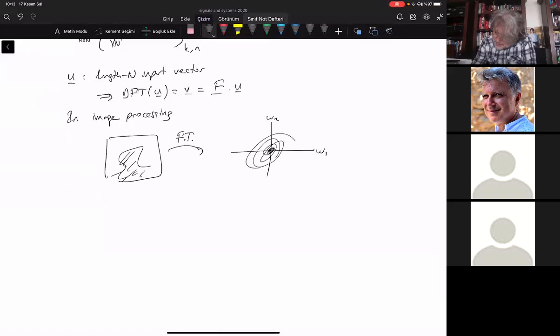Let me try to illustrate it in 2 dimensions. You have a peak here, and the values are decreasing towards the tails. In magnitude, of course, it is complex valued, but in magnitude, we expect this kind of a situation over the omega 1 and omega 2 axis.